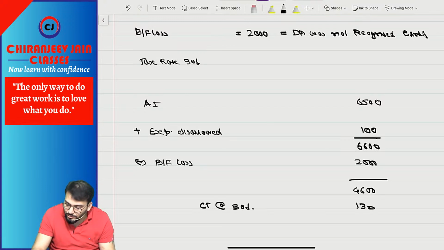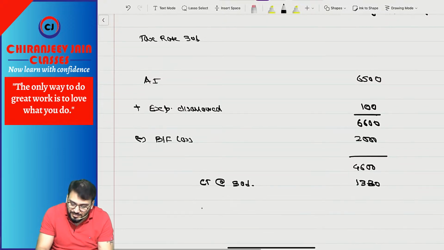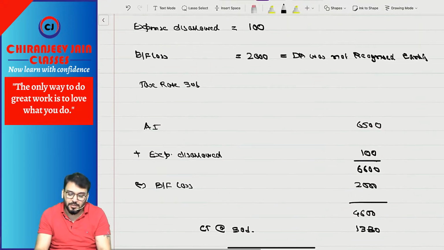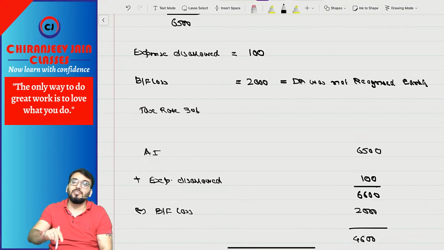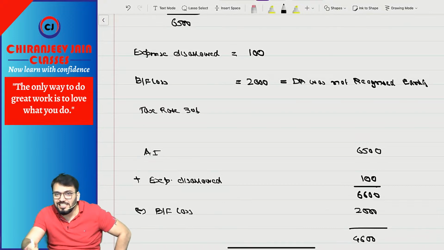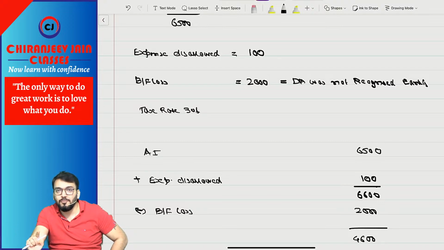1380. Now we'll calculate deferred tax. So on the expense which is disallowed right now, will we calculate DTA or DTL? DTA. So the expense disallowed will be allowed in future. When it is allowed in future, we are saving tax or paying tax? We are saving tax.